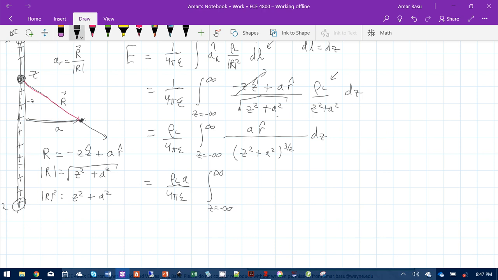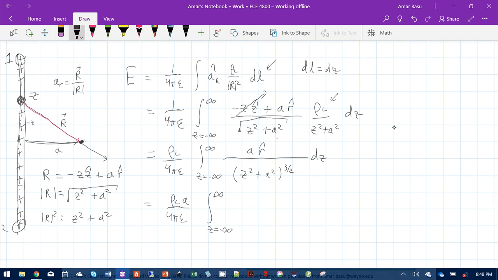Feel free to stop me if there's any point of confusion we want to go over. So I'll make sure we know that from symmetry the field will have no z component.